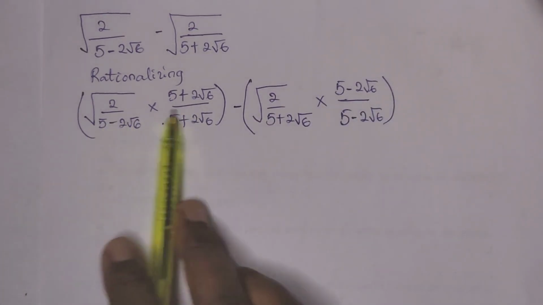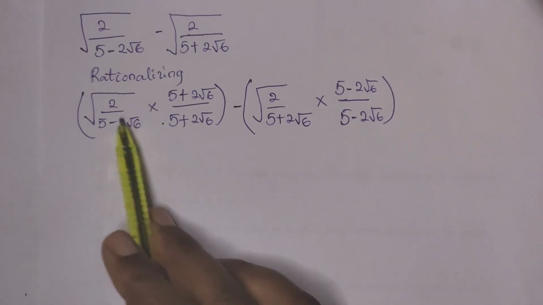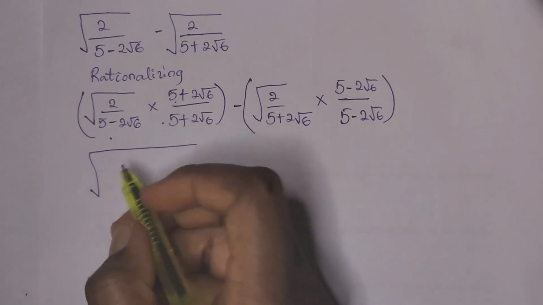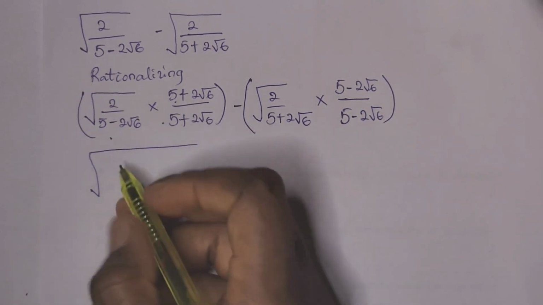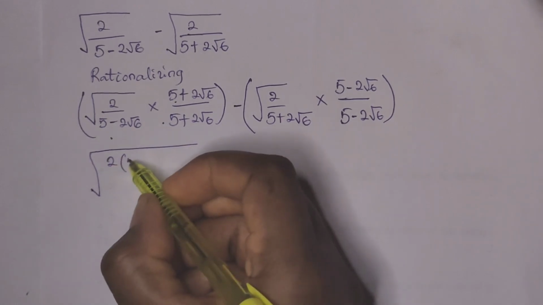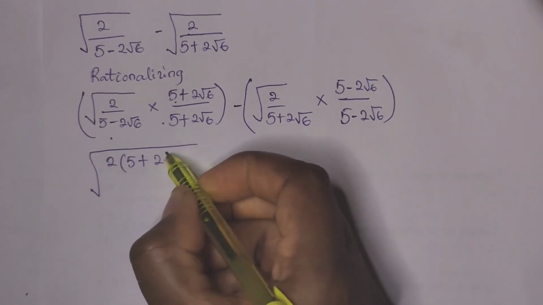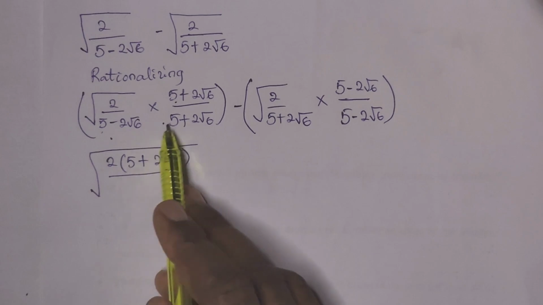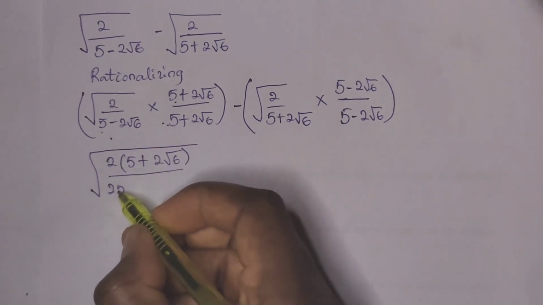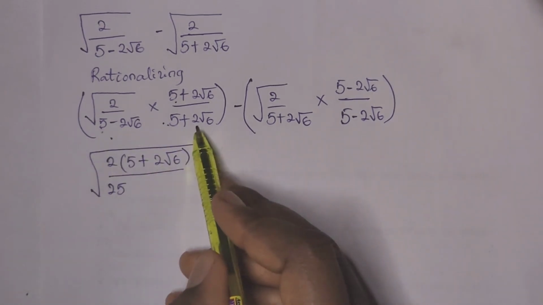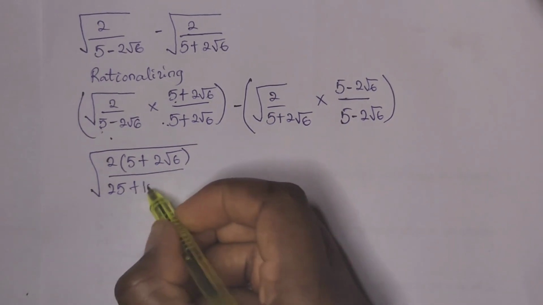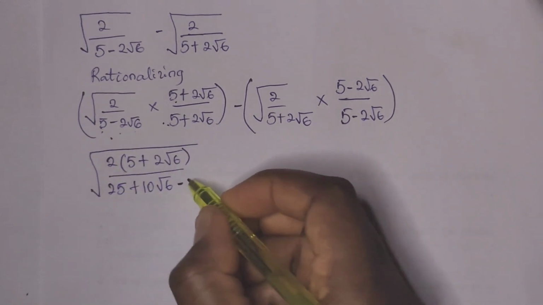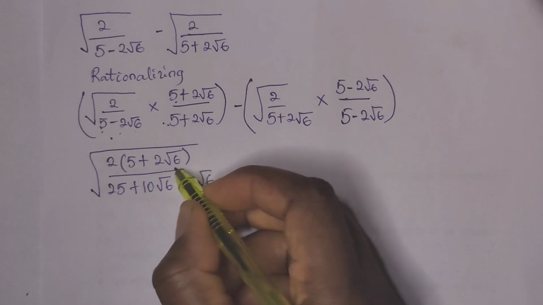So multiplying through with this, from here we'll have the square root of these two multiplying this. We have 2 times 5 plus 2 root 6 all over 5 times 5 is 25. 5 times 2 root 6 is 10 root 6, and minus 2 root 6 times 5 will give us minus 10 root 6.